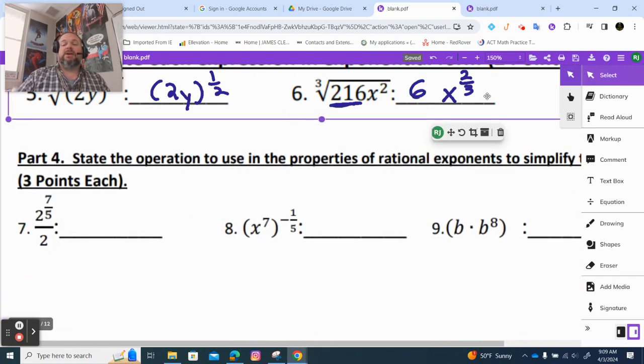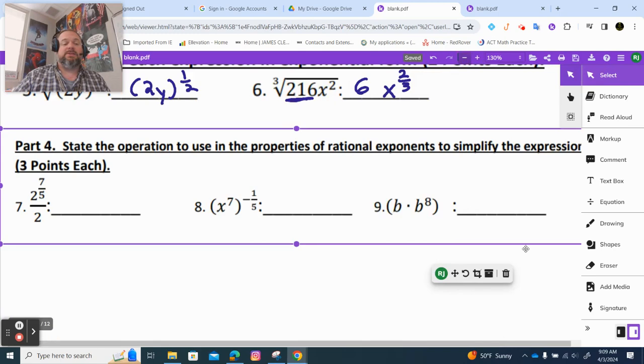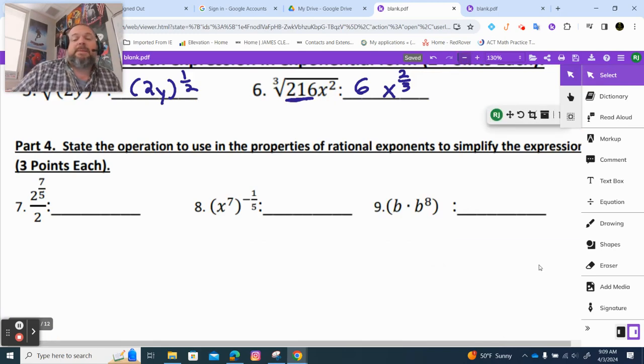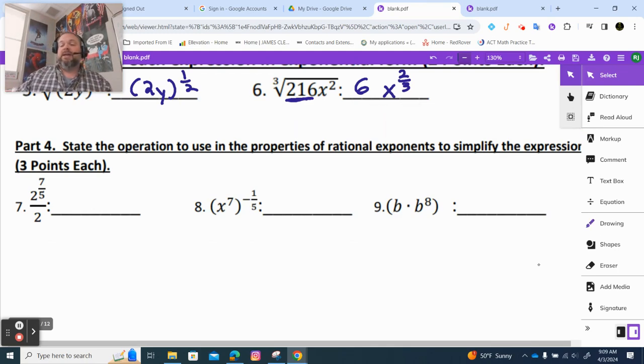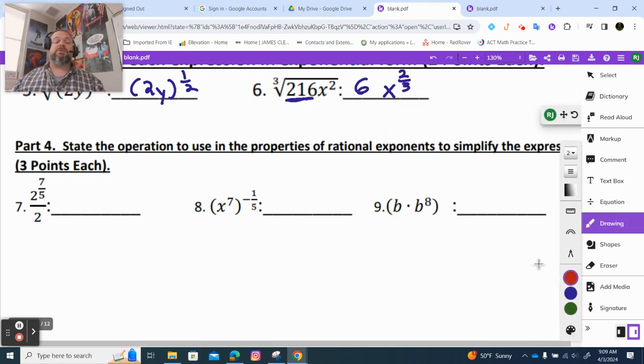All right. I told y'all that all you have to do is state the operation. Okay. These I actually had the fractions and I got tired by the time I got here to actually do the rational exponents. Okay. So I told you all you're going to have to do is like add, subtract, multiply.